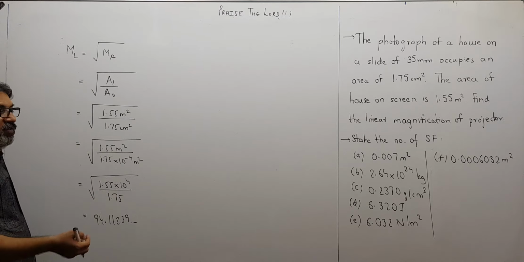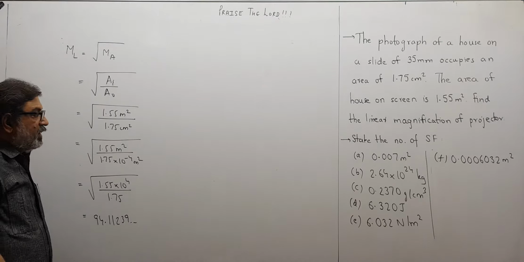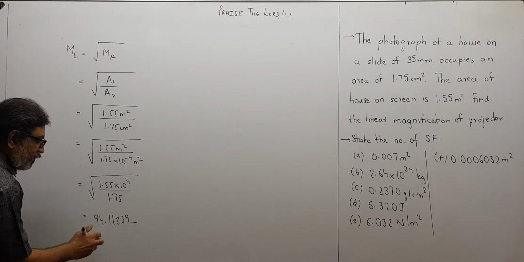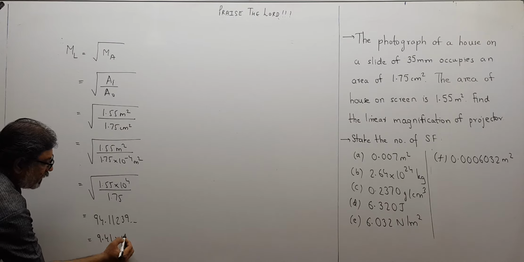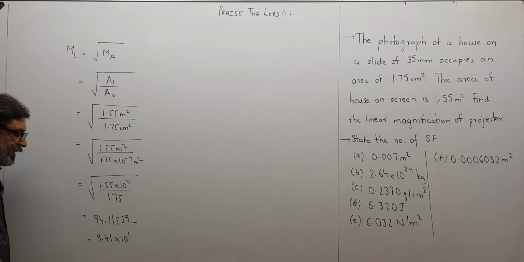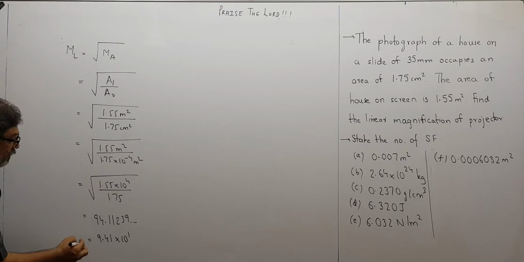And children, whatever data is given to me, there are 3 significant digits in both the data and precision of 2 decimals. So if I take that into account, I should write it as 9.41 into 10 raised to 1, because I shift 1 decimal over here into 10 raised to 1 and the remaining I leave out. So 9.41 into 10 raised to 1, this is the linear magnification.